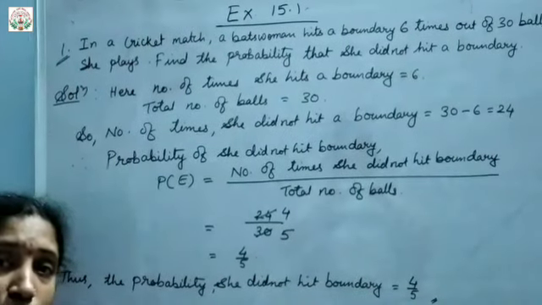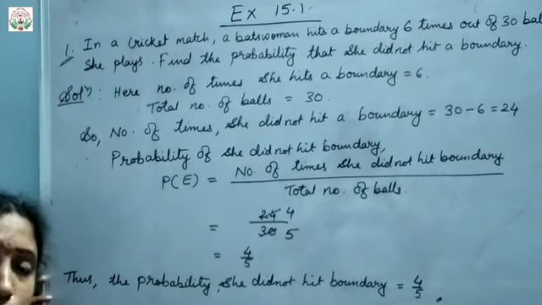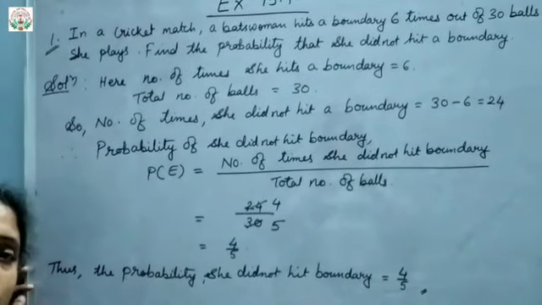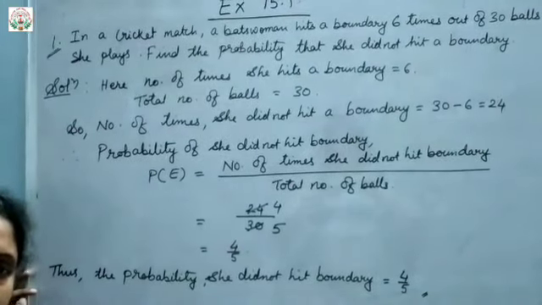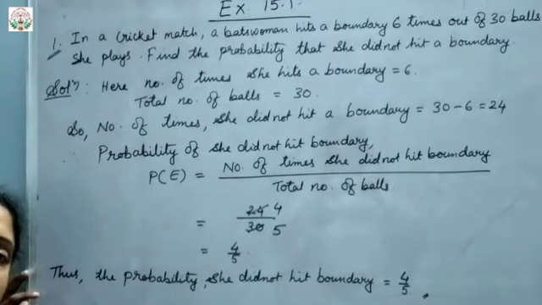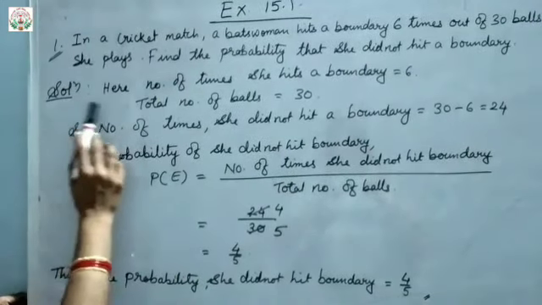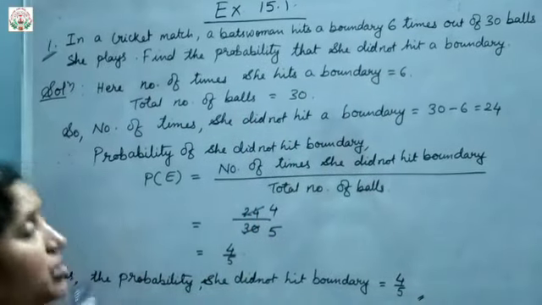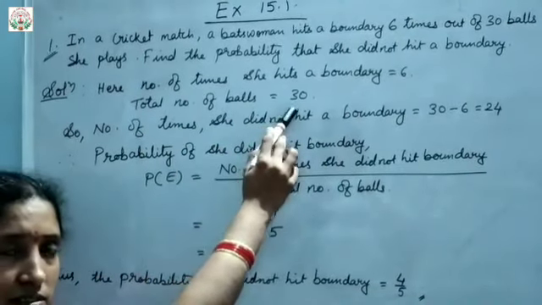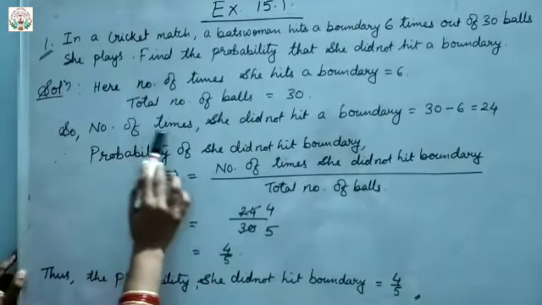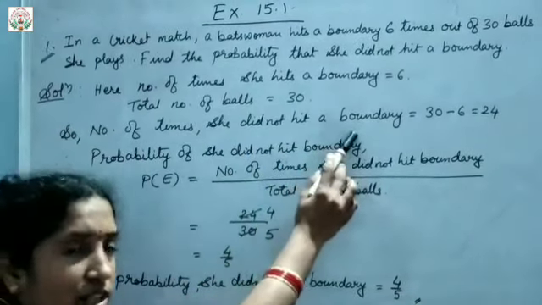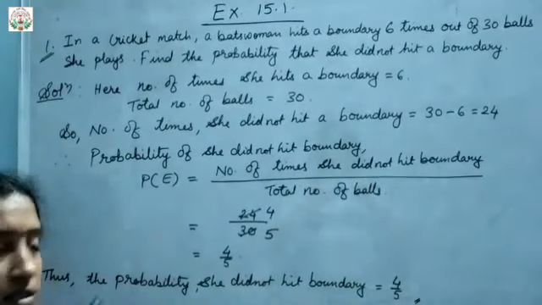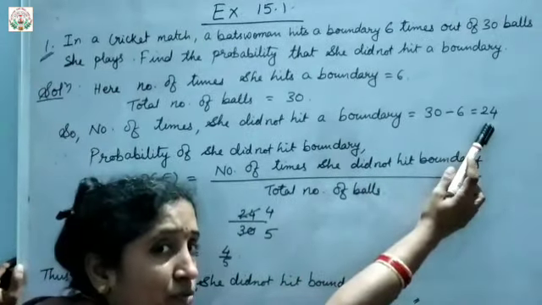Out of 30 balls, if she hit 6 boundaries, how many times did she not hit the boundary? That is 30 minus 6, which equals 24.